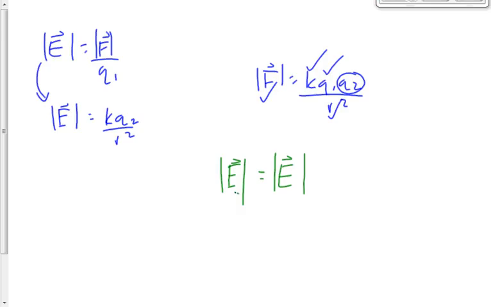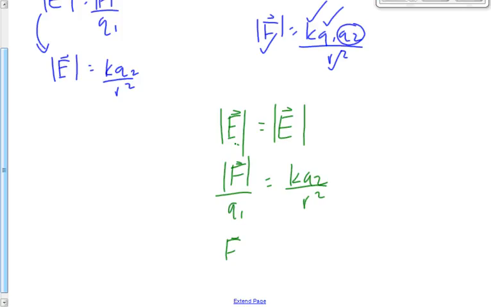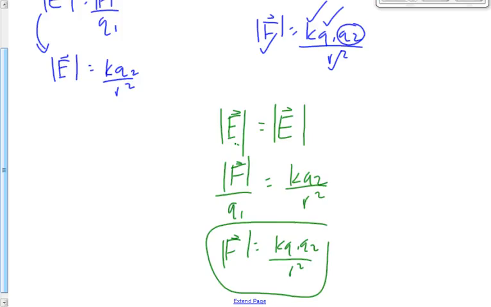In other words, F over Q1 equals kQ2 over r squared. Rearrange this. What do we end up getting? If you combine your two electric field equations, then you get Coulomb's law. It's not a coincidence that those all work, right?